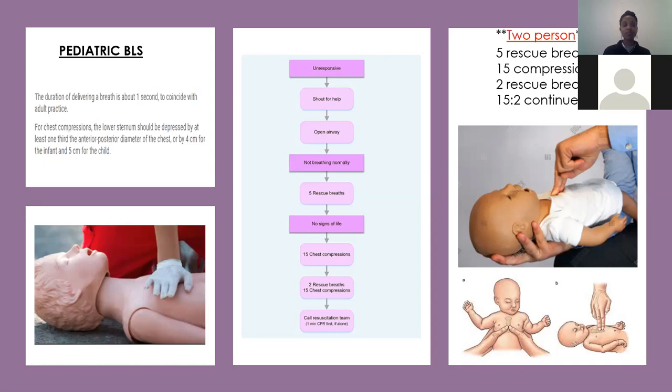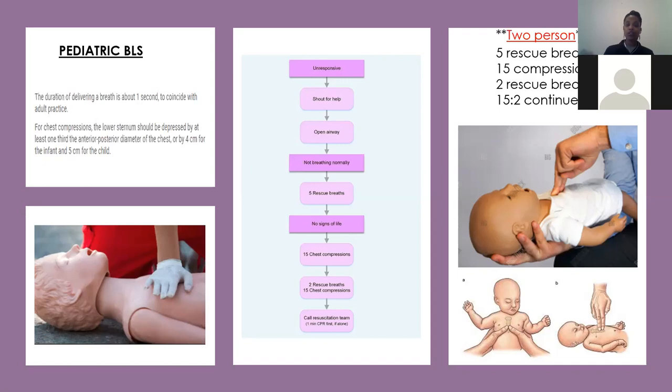Okay, so there's a big thing, and there was a bit of confusion even in the pediatric clinic, with people saying, oh, no, it's supposed to be 15-2 if you're by yourself, and 30-2 if you're by, no. And there's also information on the NHS that says 30-2. NHS information is mostly even for the public, so they're trying to help you give the most compressions before help comes.